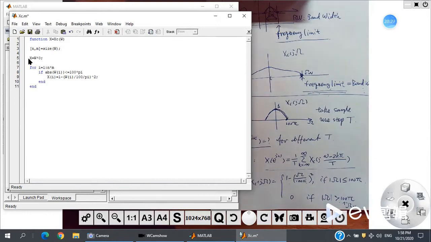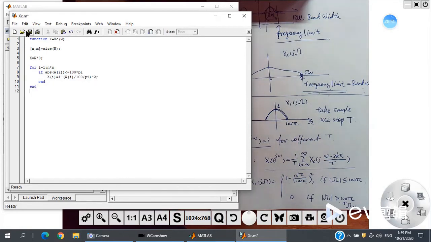We already set X to be 0, so we need to change it only if the absolute value of omega I, capital omega, is smaller than this value. Then we change the value of X to this one, which is a non-zero value. Otherwise we just keep X at 0. Alright, we are done with this function.